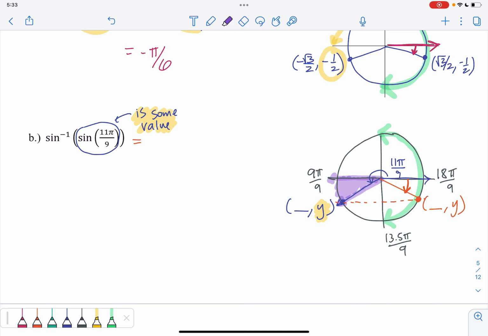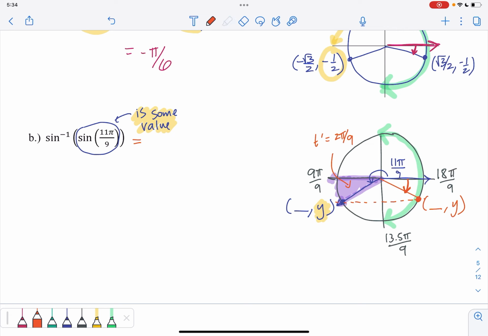And what's its size? Its size is just 2 pi over 9 because I do 9 pi over 9 to get that half rotation, and then 2 more pi over 9 to get down to 11 pi over 9. So that's that size.